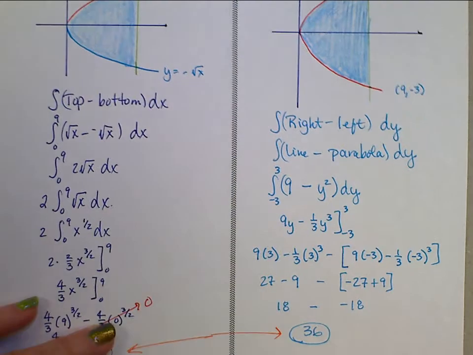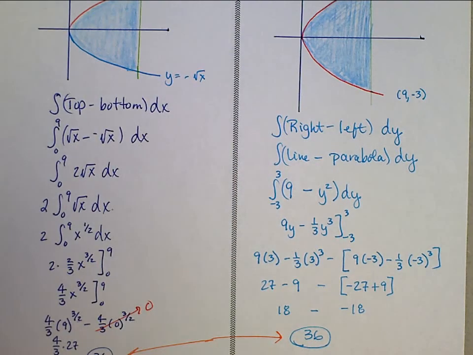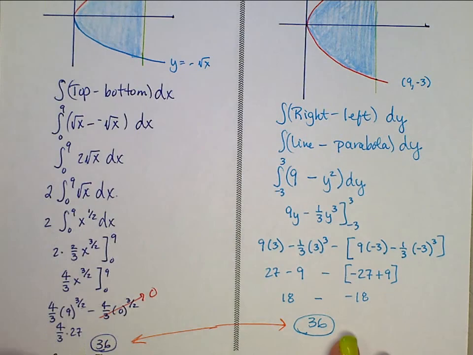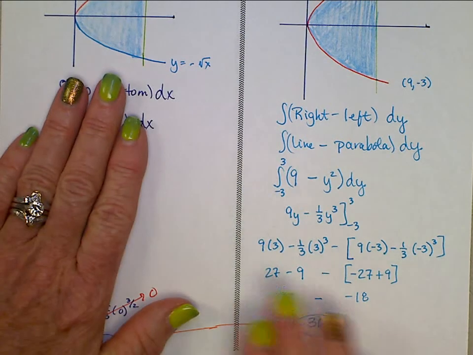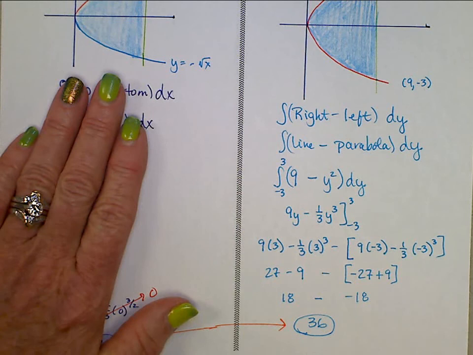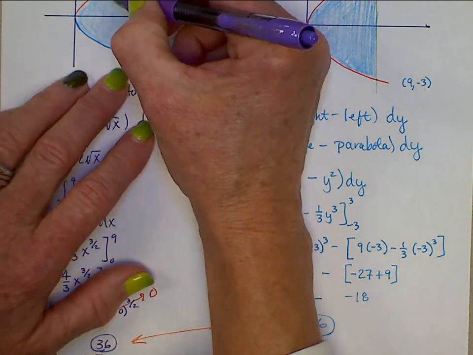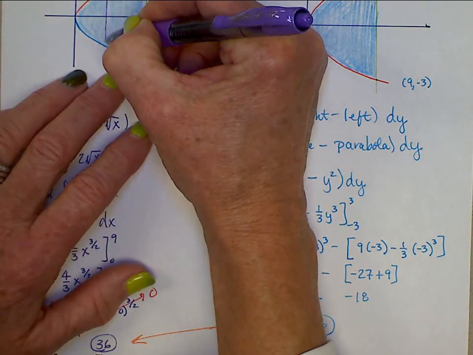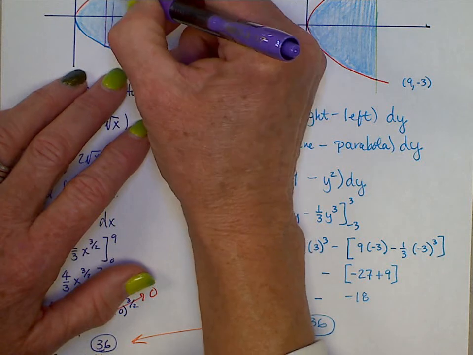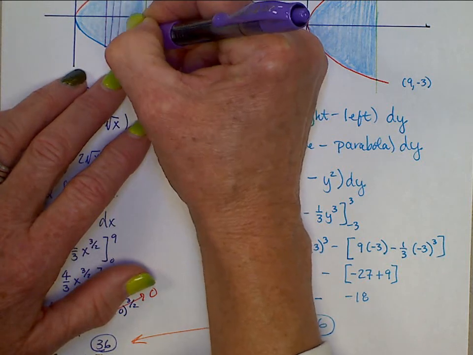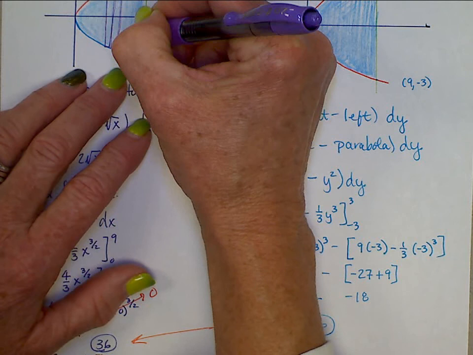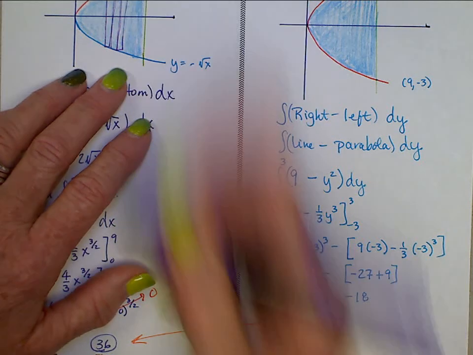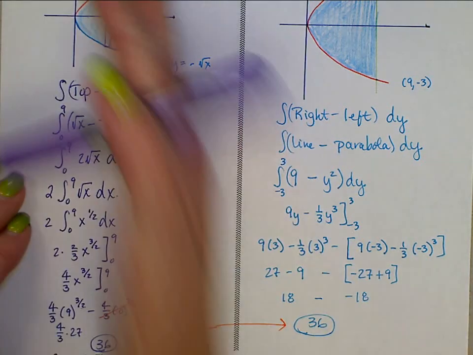A couple of things that we just need to iron out here. Remember, this area stuff all goes back to rectangles. So when we first started doing these, we were stacking rectangles left to right. So these are the rectangles stacking this way, and we are summing rectangles.